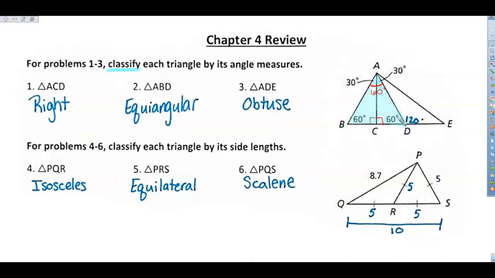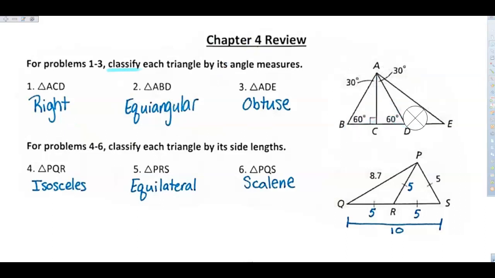Now, those are all acute angles, but they are also all equal. So equiangular is the best answer. All right? If one of these was 61, the other 59, then we would say acute. But if all three are 60, then that means they're all equal. We have an equiangular triangle.